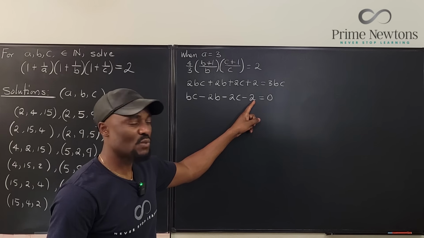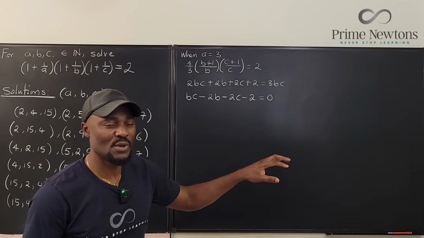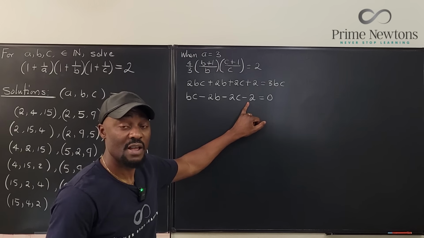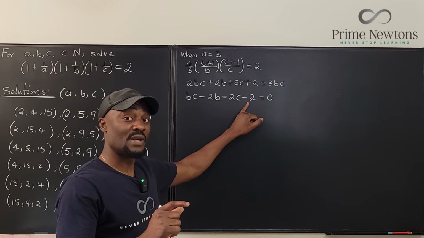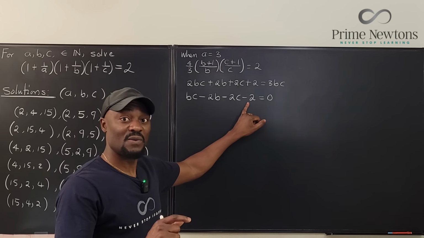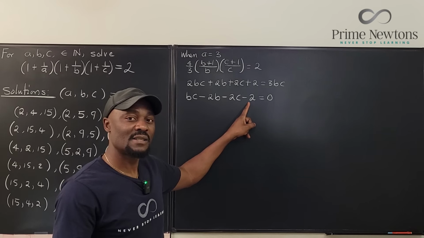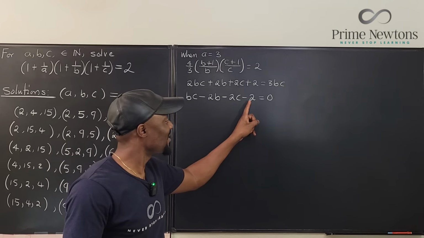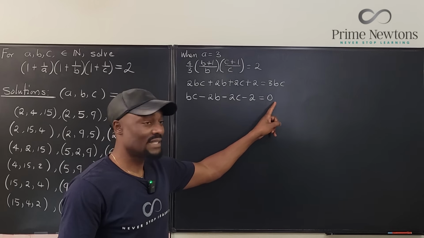But we don't want C plus 1, we want C minus 2. So in order to retain the negative sign here, this has to turn into a positive, but a number divisible by 2, which is going to be positive 4. How do you make minus 2 positive 4? You add 6 to it. So I'm going to add 6 to this side, and I'm going to add 6 to this side.